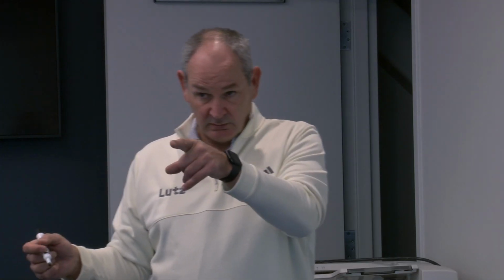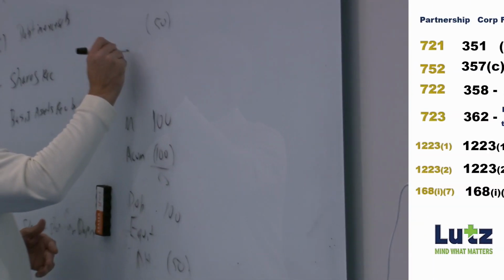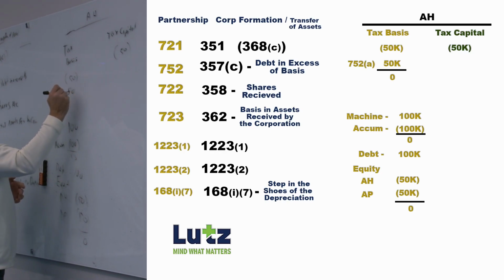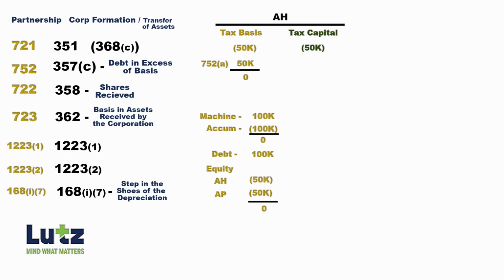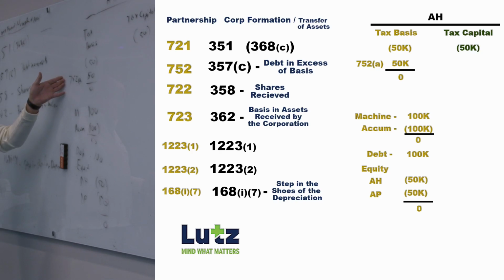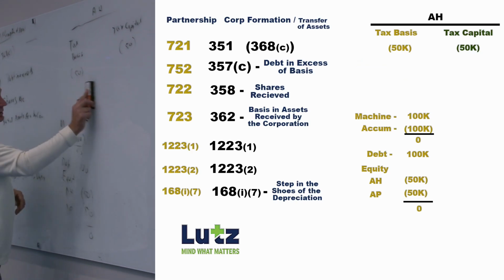Okay, so we might as well just throw it in here, but I'm going to take it right back out. He's saying 752(a) says I got a capital contribution of 50 and I have 0 basis. And he's saying I'm doing this a disservice by ignoring 752, or the allocation of debt in and among the partners. I think that's what you're saying. And I'm saying for the purposes of this discussion, that's not what we're going to do.